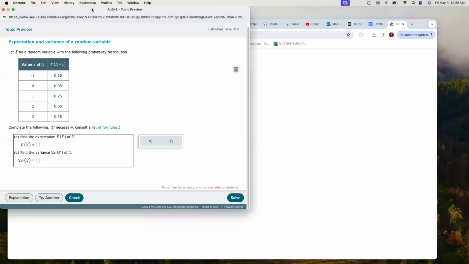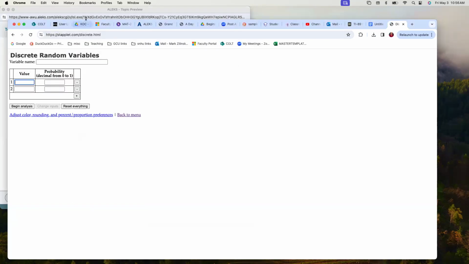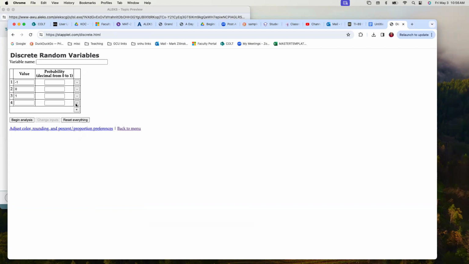I already forgot, so let me go back, negative 1, okay, up to 3, right? So I go negative 1, 0, and you're saying, well, what do I do here? Well, we're just going to keep adding these: 1, 2, and 3. Okay, so I put the values of the random variable there.